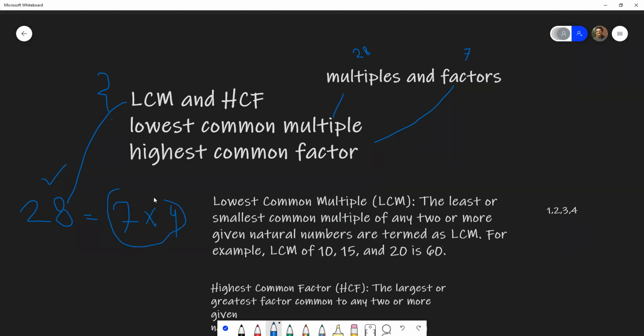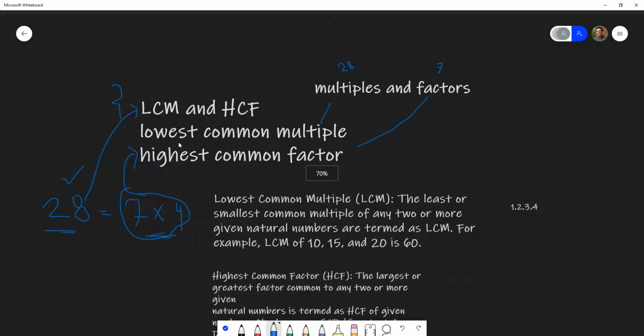Both of them are two ways of determining 28. So LCM is lowest common multiple, and HCF is highest common factor.